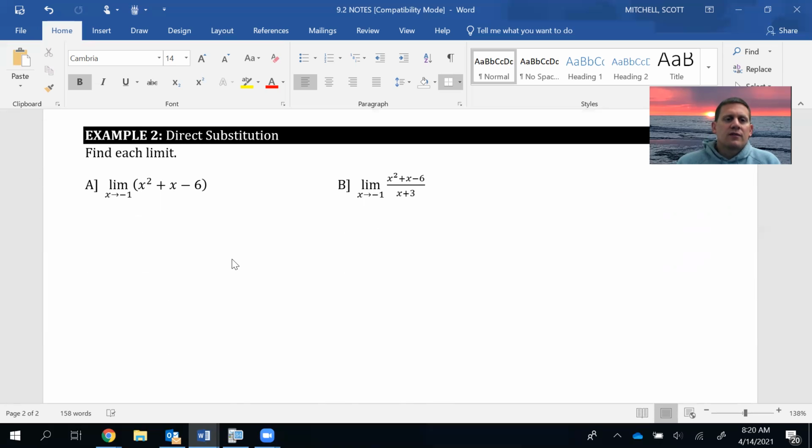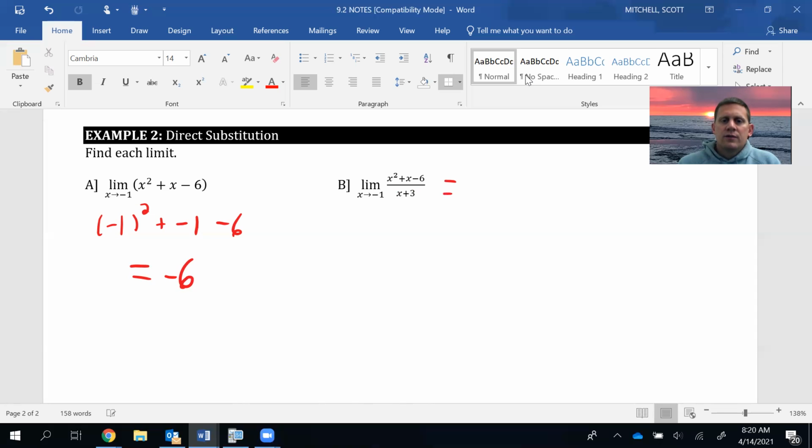All right. So we're taking the limit of x squared plus x minus 6 as x approaches -1. We're going to plug in -1 and square that, and then plus -1 and then minus 6. So this is +1 minus 1 minus 6. That's -6.